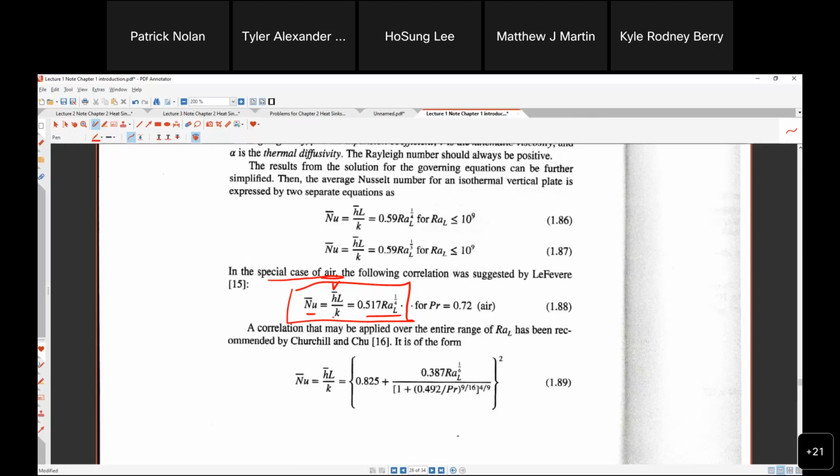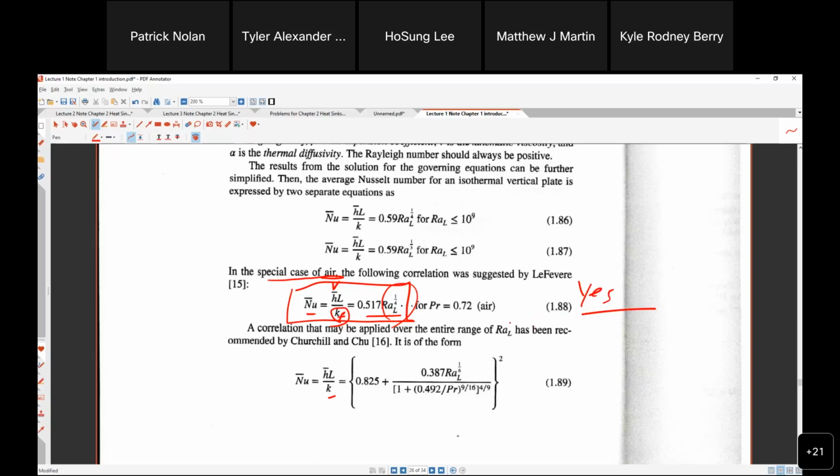But always, for the Nusselt number, k is the fluid k, not the solid k. You have to be careful. So using the Nusselt number with k, you can calculate the convection coefficient using the Rayleigh number. Say yes. Hopefully. Yes.